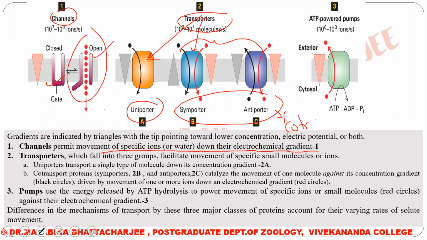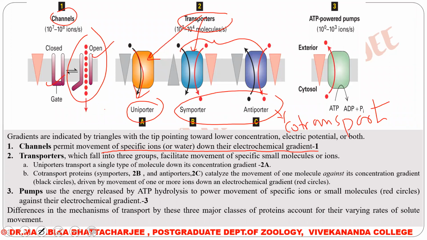So the name of co-transport suggests that two molecules are being transported together. When we are talking about uniporter, you can understand by the picture itself, only one molecule is moving down its concentration gradient.